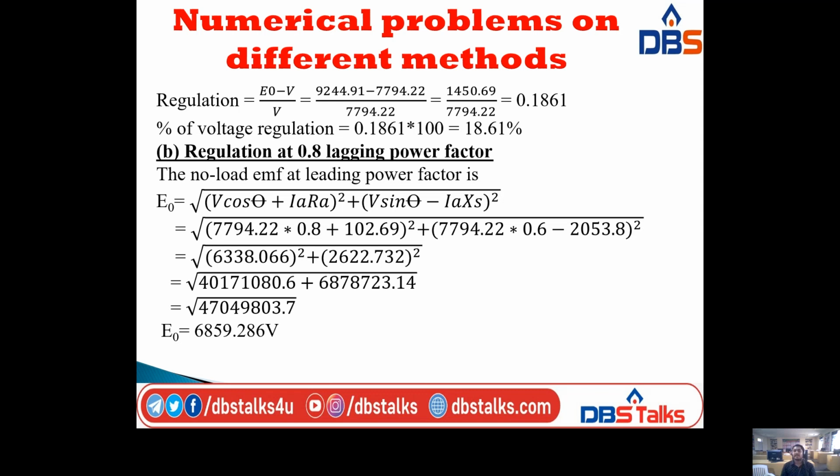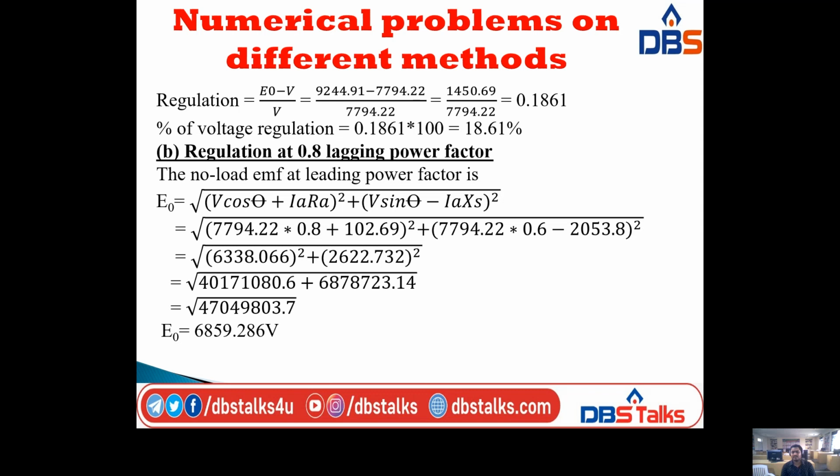If you want to calculate the regulation of a three-phase alternator, you know the formula: the difference between no load EMF minus full load EMF, divided by full load EMF or full load voltage. Here we just calculated the E0 value, that is 9244.91, minus the full load voltage, that is the phase voltage 7794.22, divided by the full load voltage, 7794.22.